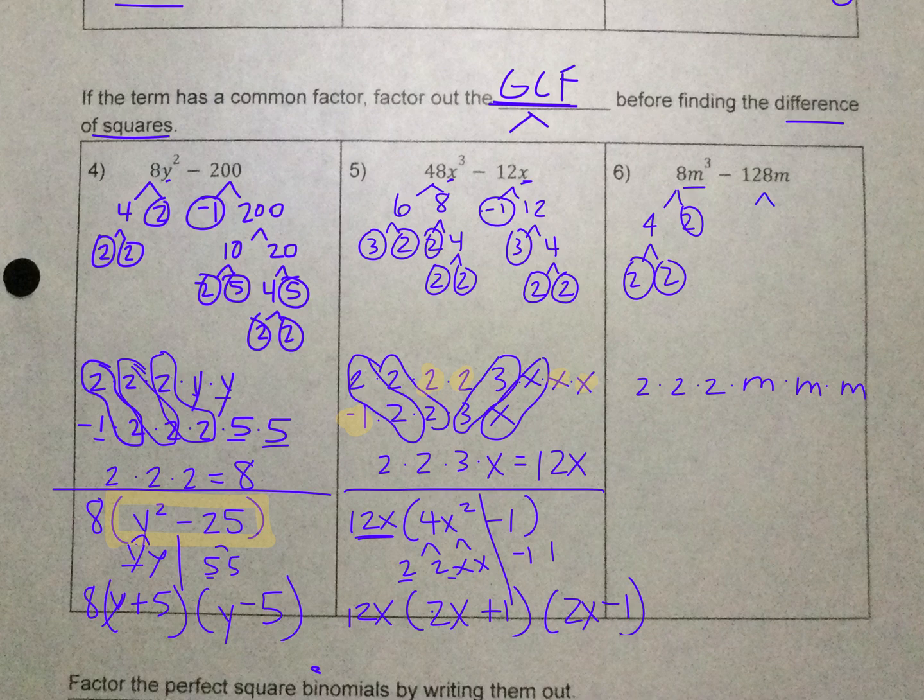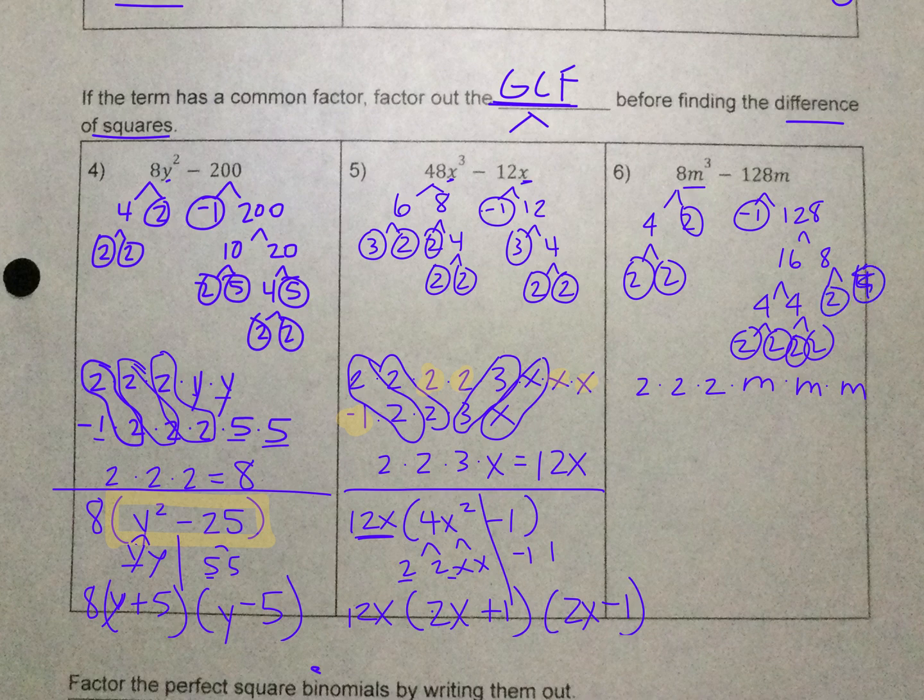All right, negative 1 and 128. 128 breaks down into 16 and 8. That's a 4 and a 4. 2, 2, 2, 2. Ooh, lots of 2's. 8 is 2 and 4.